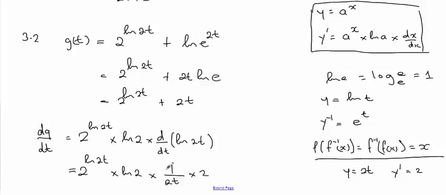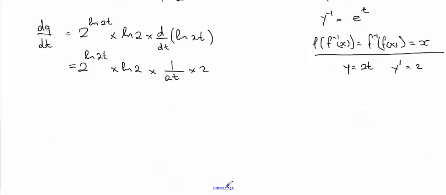Then we write this in a more compact way, which ends up as follows: 2 to the power ln 2t multiplied by ln 2. Simplifying here, that gives us 1, which then multiplies by 1 over t.